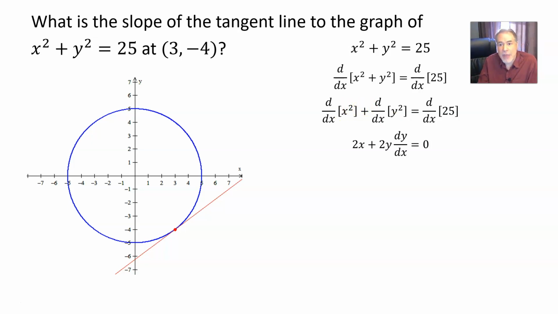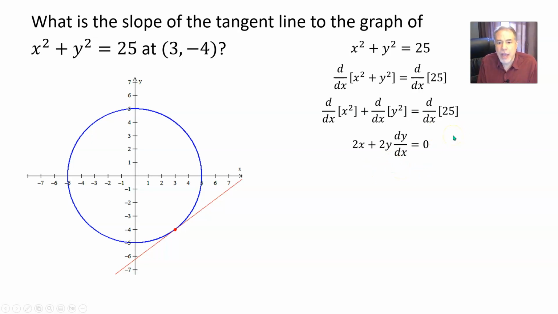So the derivative of x to a power is just the power times x to the power minus 1, but the derivative of something other than just x to a power is the power times the something to the power minus 1 times the derivative of the something. So here we get 2 times y to the first power times the derivative of y. And I've written it as the derivative of y with respect to x. That's what dy dx means.